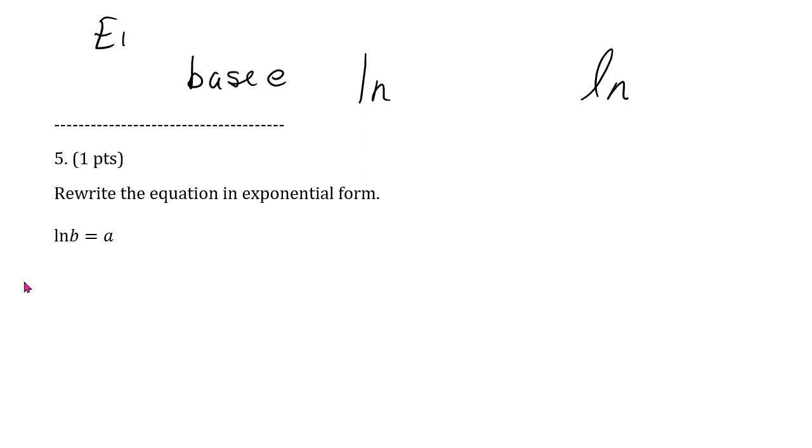Euler is spelled E-U-L-E-R for Leonhard Euler, who was a German mathematician who did a lot of work with these. Our base is not written, but it's understood to be e. The power is what the natural log is equal to. So this becomes e to the a power equals b.